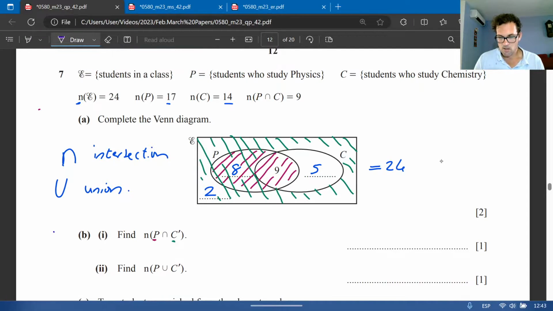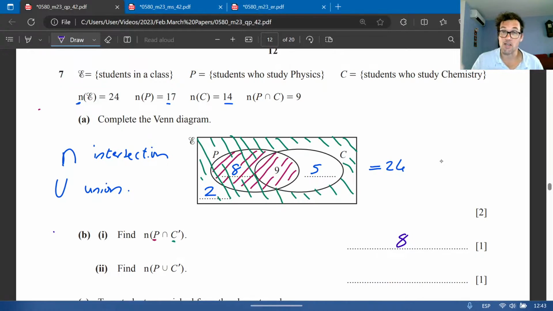Intersection means both. It has to meet both requirements. It has to be a student that studies physics and not chemistry. This is where the green and the purple overlap. And there's only one place where that is. That's here where the 8 is. So that means the students that study physics but not chemistry, that is 8.